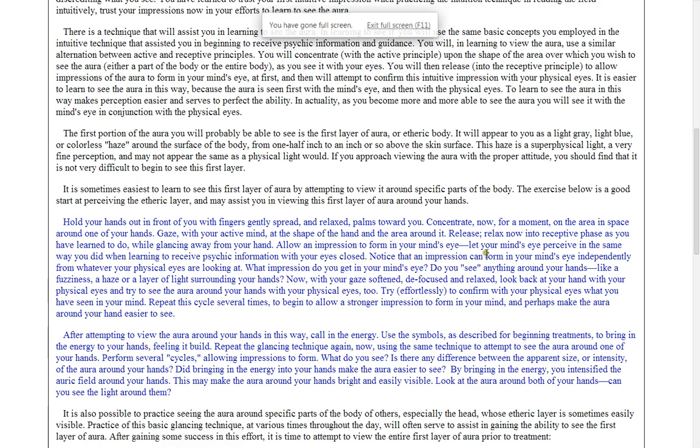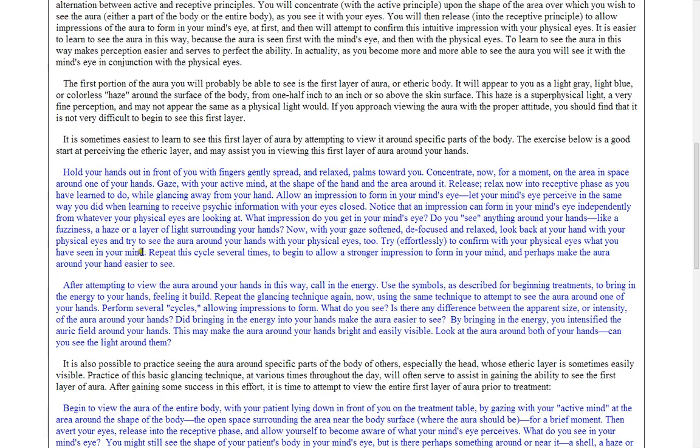Now, with your gaze softened, defocused, and relaxed, look back at your hand with your physical eyes and try to see the aura around your hands with your physical eyes too. Try effortlessly to confirm with your physical eyes what you have seen in your mind.